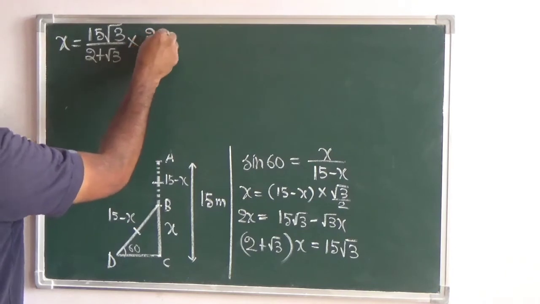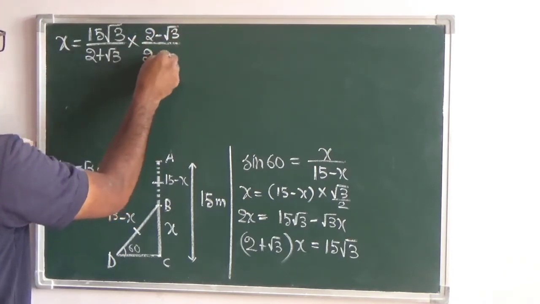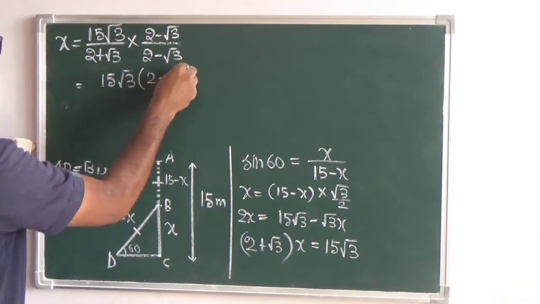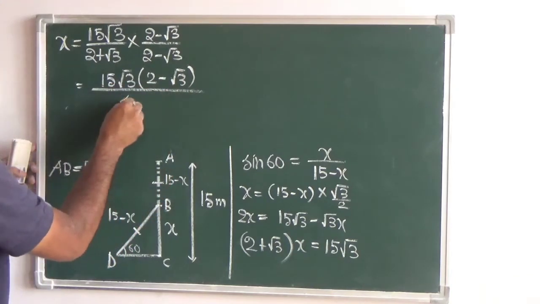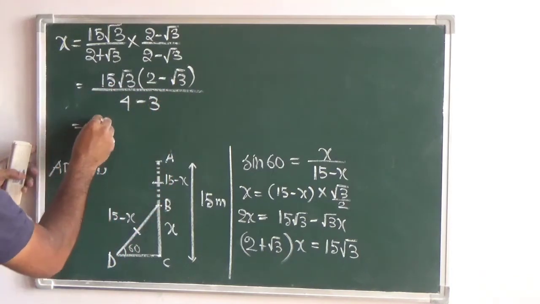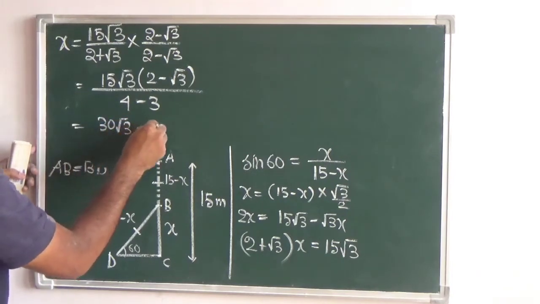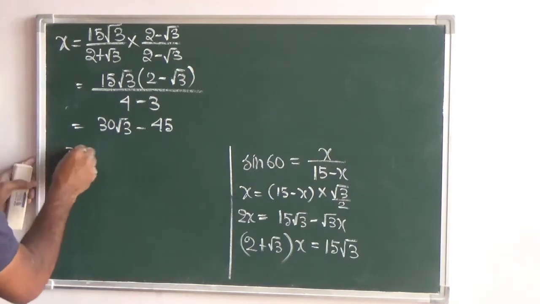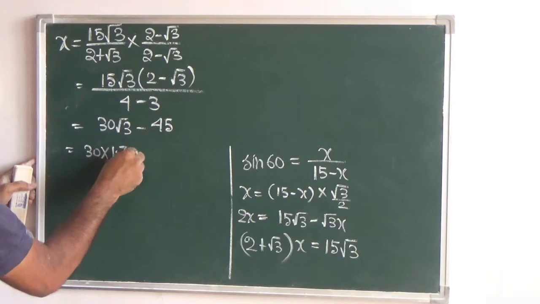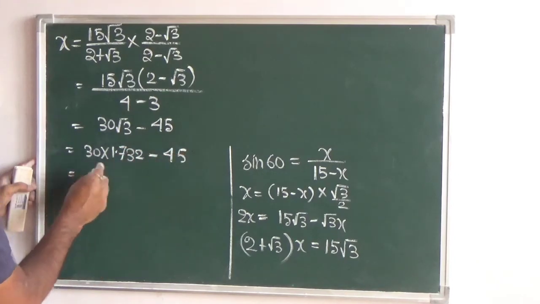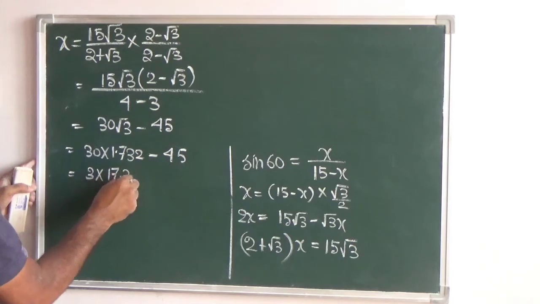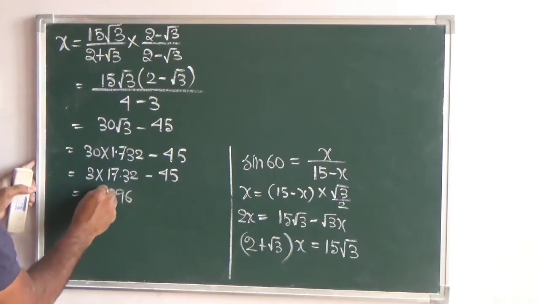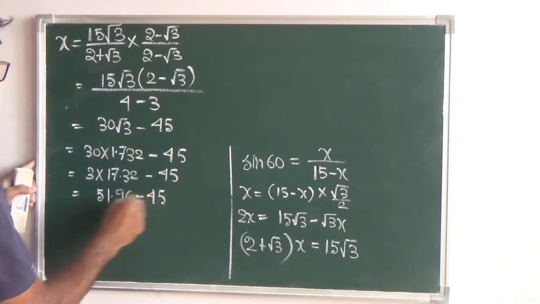We rationalize it: multiply by 2 minus root 3 divided by 2 minus root 3. So it is 15 root 3 into (2 minus root 3) divided by 4 minus 3. So this will become 30 root 3 minus 45. So this is 30 into 1.732 minus 45, which is 51.96 minus 45.